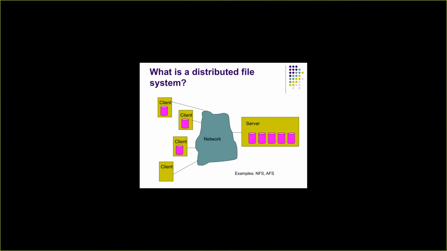So the distributed file system should take care of managing all these disks that are spread across different computer nodes in the network. An example of a distributed file system is NFS, the network file system, which we will look into in more detail in the next class.